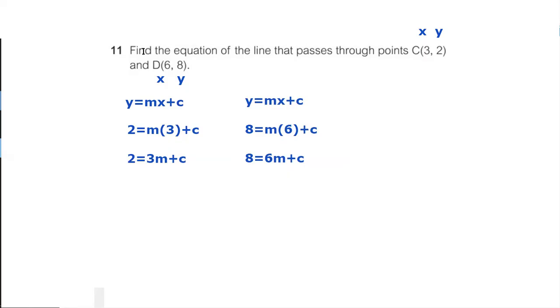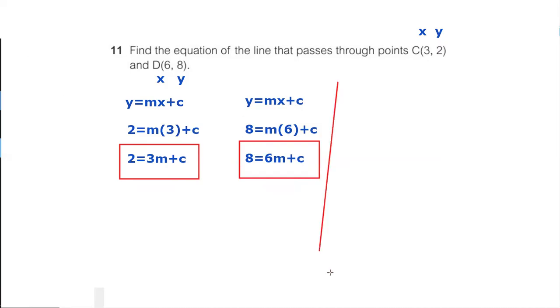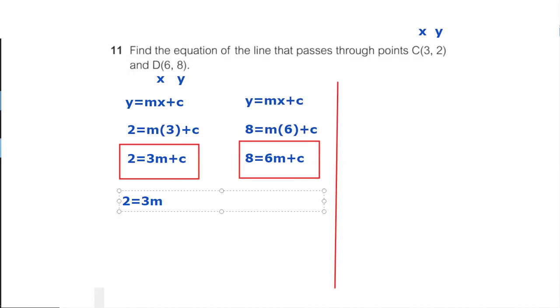Now I have two simultaneous equations. I'm going to solve them using the elimination method. I'm going to put them on top of each other first: 2 equals 3m plus c, and the second one, 8 equals 6m plus c.